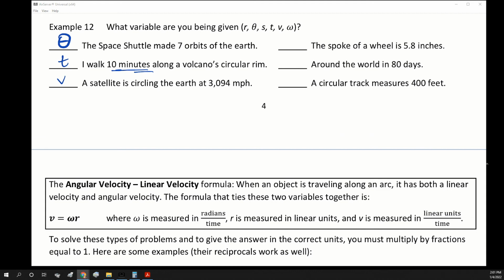The spoke of a wheel is going to be a radius. Around the world in 80 days, so that you're completing a rotation or a revolution in 80 days. So that's an angular velocity. And then a circular track measures 400 feet. That is an arc length.